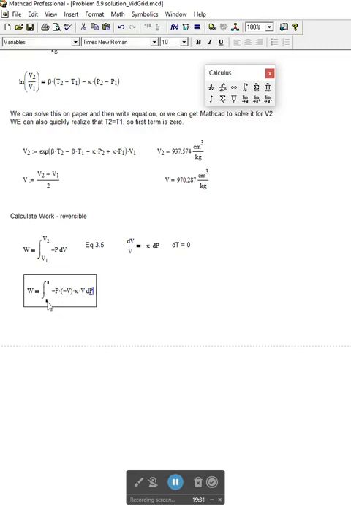Now my limits of integration are with respect to pressure. So I have P1 and P2.